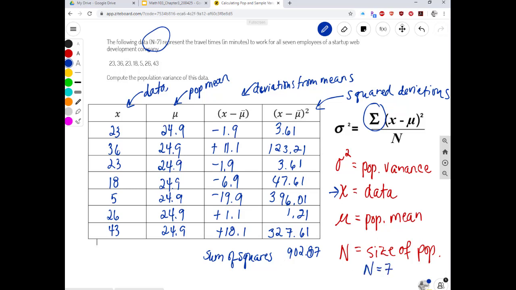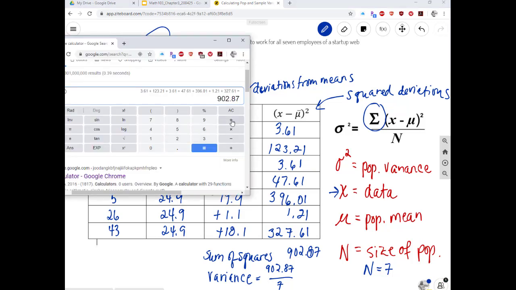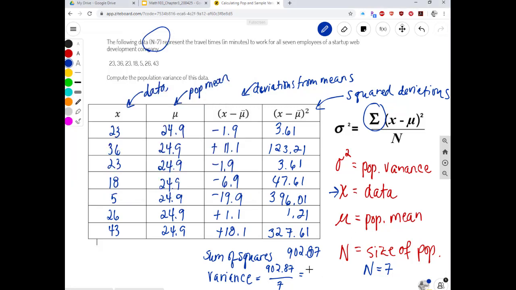So in order to find the variance, I'm going to take my sum of squares, 902.87, divide by 7, and I'm going to get that my variance is 128.98.